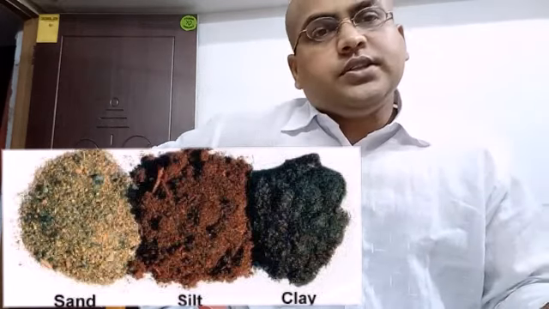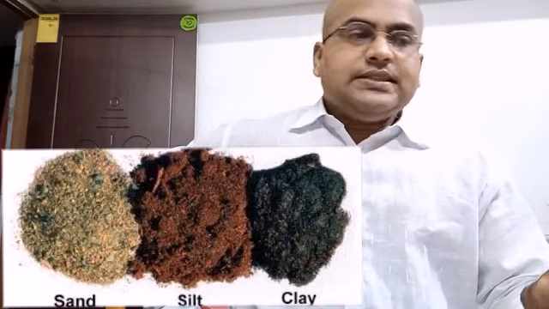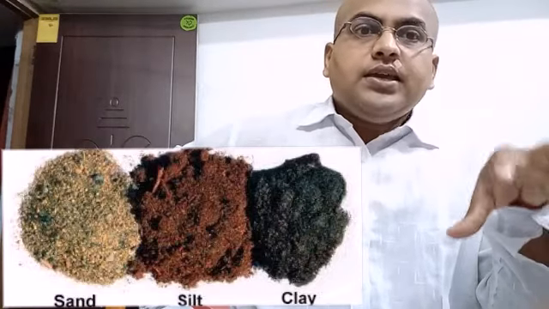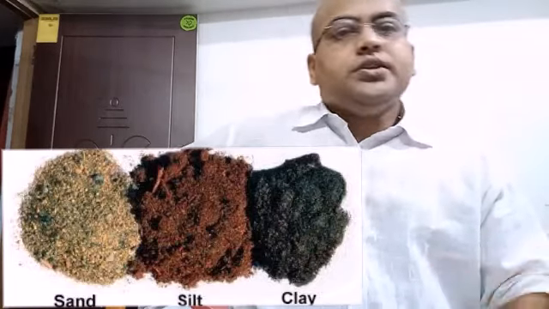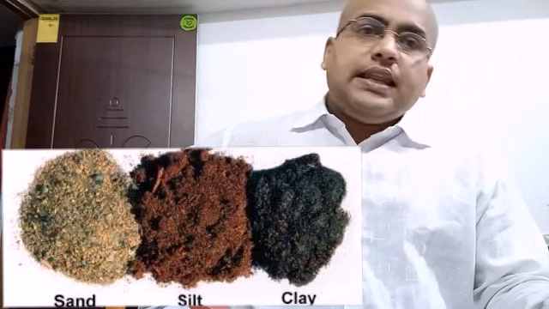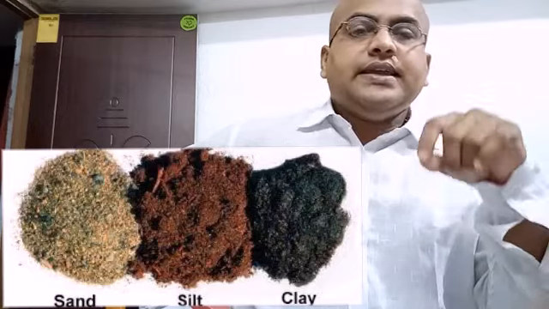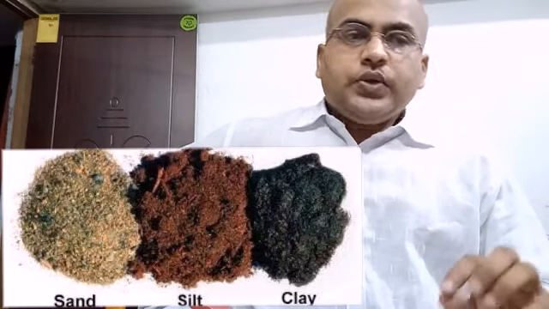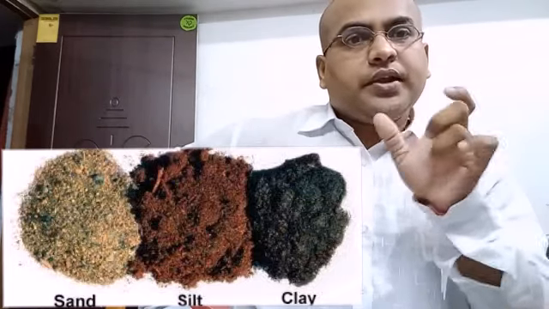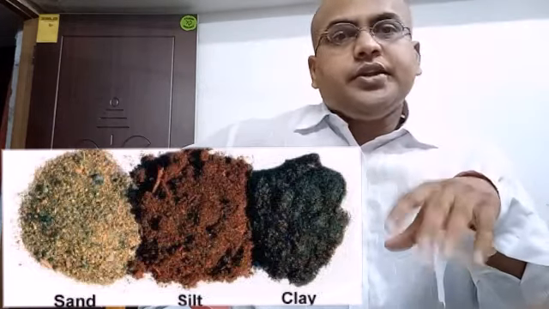Now comes the third one, that is loamy soil. Here the amounts of large and fine particles are almost the same, and this soil is a mixture of sand, clay, silt and humus. Silt is a type of particle whose size is between the particles of sand and clay, and it is mainly found in river deposits.